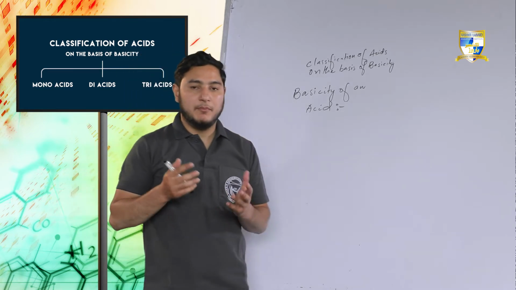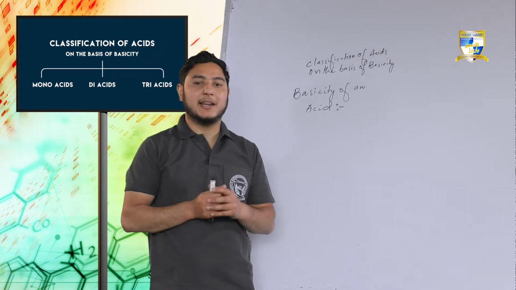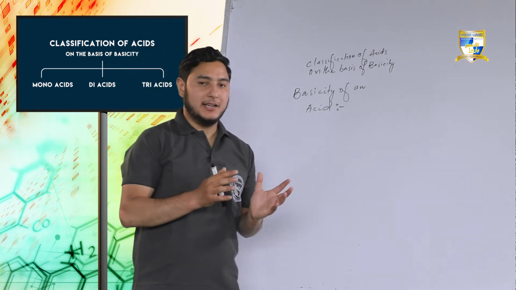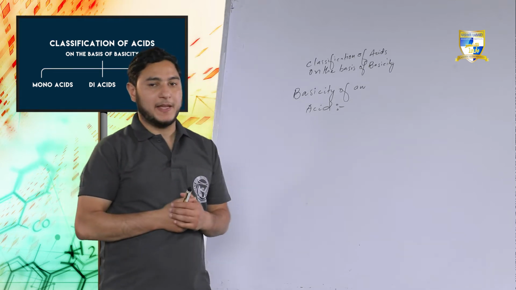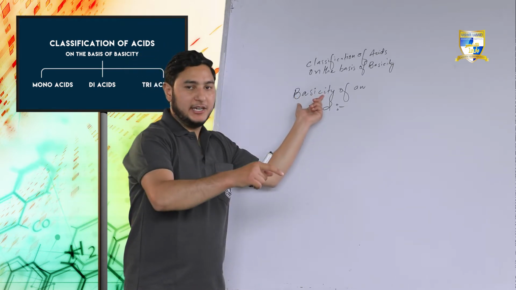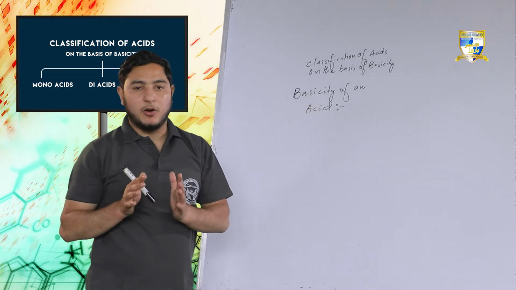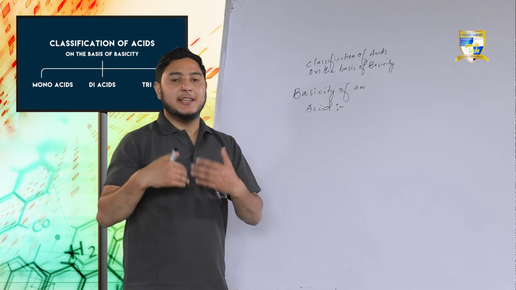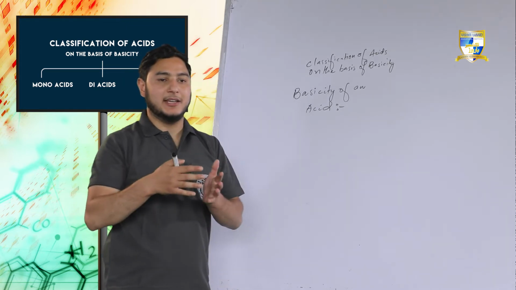Basicity means the number of replaceable H positive ions present in the acid which it releases when that particular acid is dissolved in water. By basicity we mean the number of replaceable H positive ions which an acid possesses, and releases when dissolved in water.